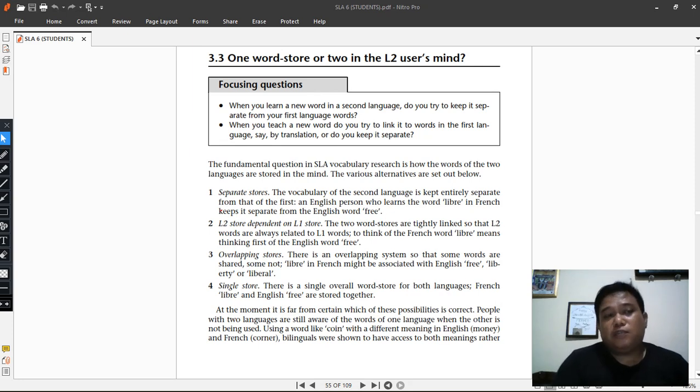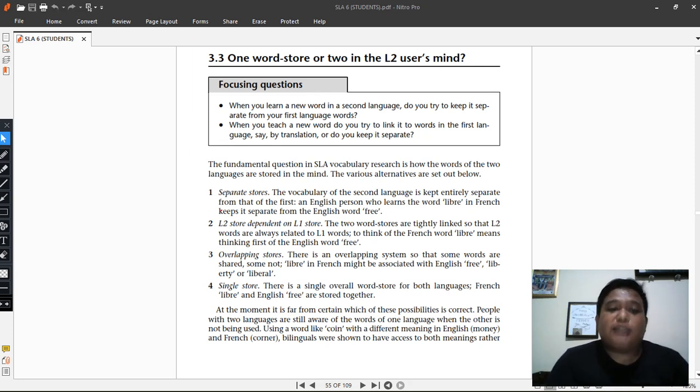There is no connection between them. You don't translate in your mind to speak in English or Indonesian. It's not like when you want to speak in English, you consult the Indonesian store. No, you just use your second language store, and when you speak Indonesian, you just use the first language store.